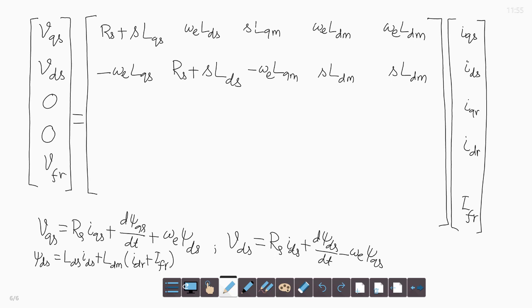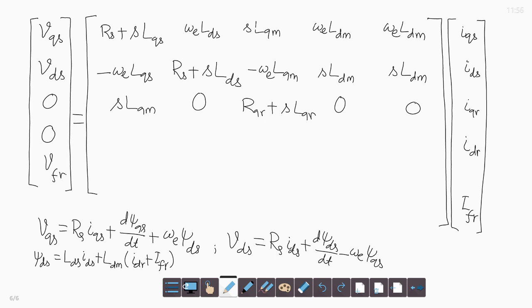Similarly, for q axis rotor winding, third row, third column is RQR plus SLQR times IQR plus SLQM times IQS, then 0, 0, 0.